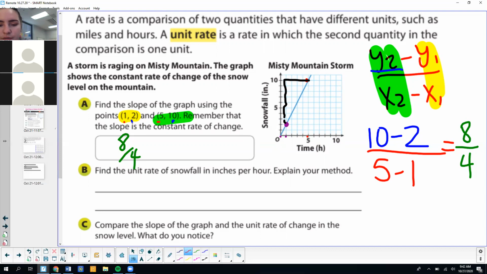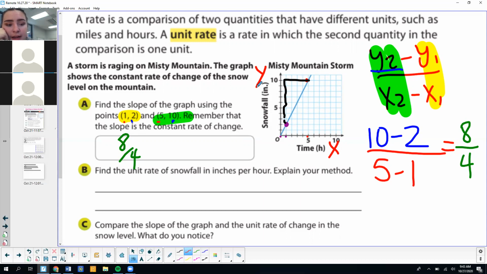So if we're looking over here, time in hours is going to be our X value. Snowfall in inches is our Y value. I'm comparing snowfall in inches per hour. So doing Y over X, that's what we're comparing. So we want to figure out what the rate is in 1 hour.